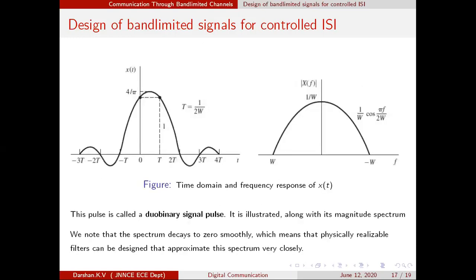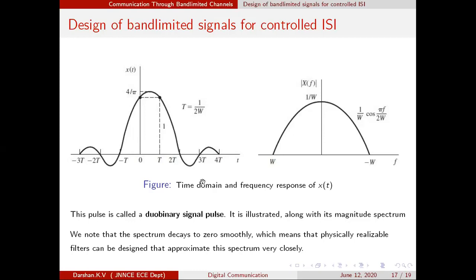So now this pulse or this type of waveform is called the duobinary signal pulse. Why is it called duobinary? Here we have achieved a symbol rate of 2 into W. On using this pulse only, we have achieved a symbol rate of 2W. Therefore this pulse is called the duobinary signal pulse.